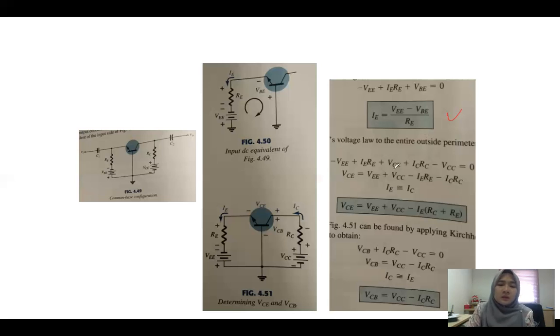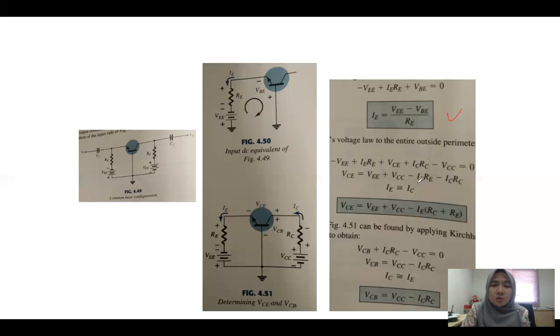If you do a KVL for this big loop over here, you will get negative VEE plus IERE plus VCE plus ICRC minus VCC equals 0. So VCE is equal to VEE plus VCC minus IERE minus ICRC.